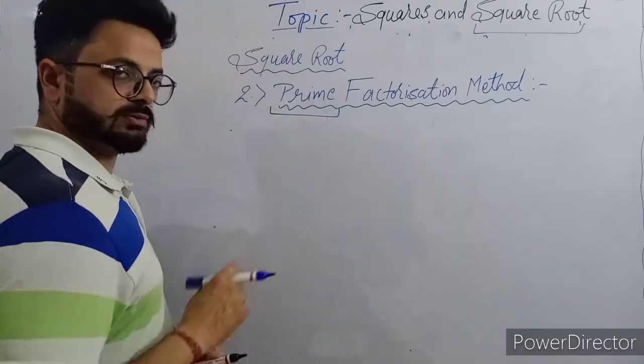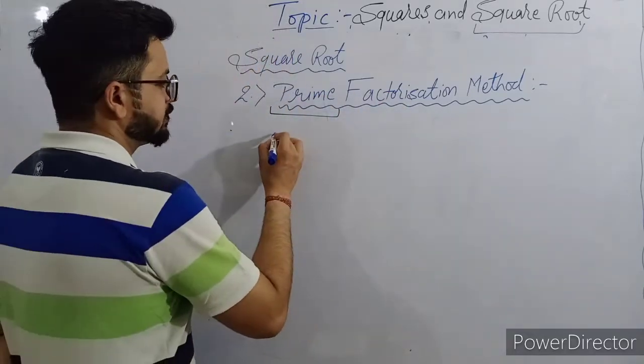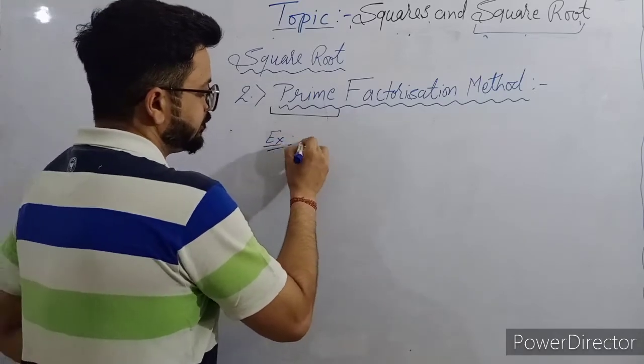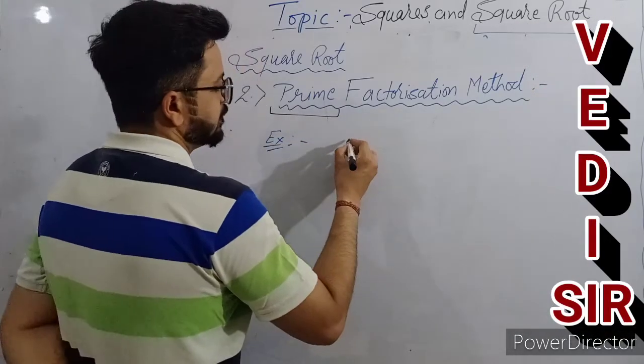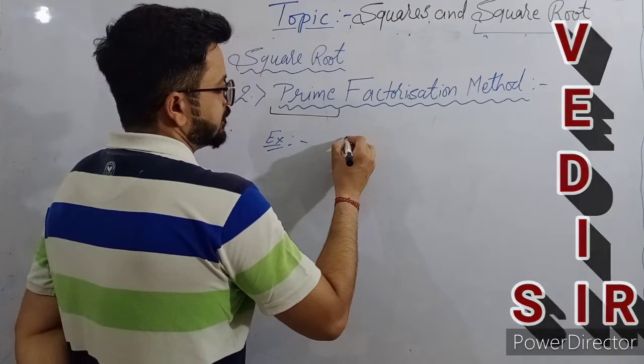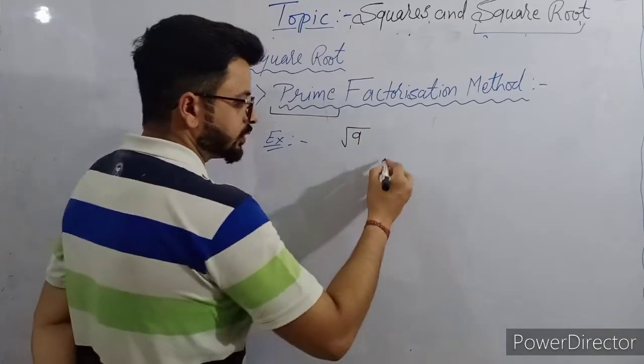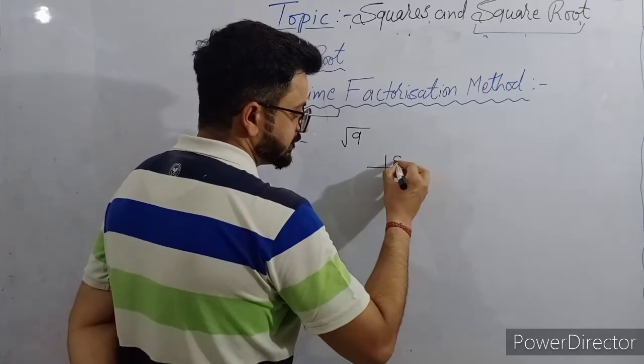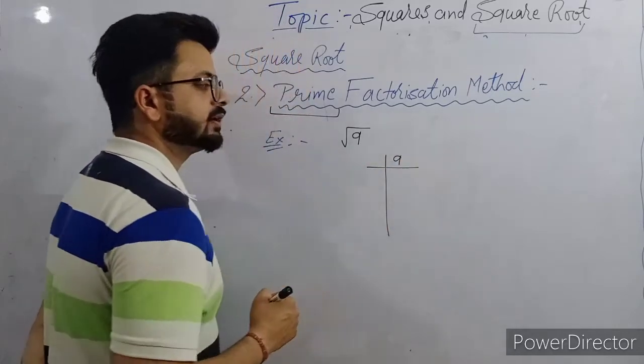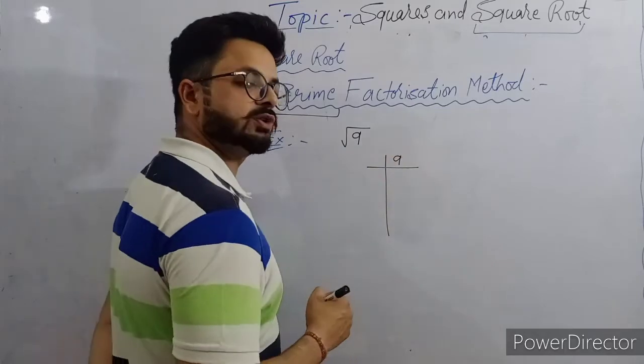I'm taking a simple example. I need to find out the square root of 9. You all know the prime factorization method. First of all, we will divide by 2. This number is not divisible by 2.